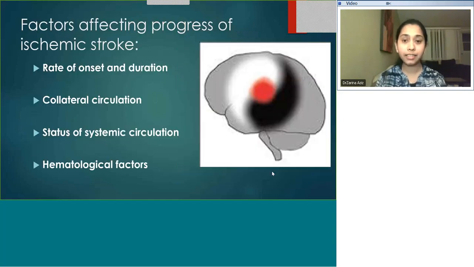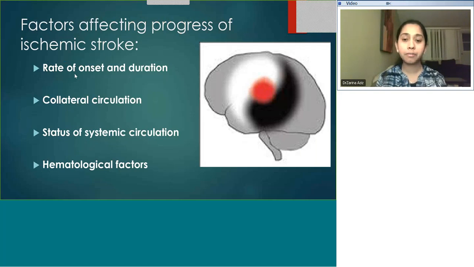So what are the factors which affect the progress of ischemic stroke? One is the rate of onset and the duration of the occlusion. The rate of onset, if it is a sudden occlusion, obviously it will affect the most, because the vessel is not prepared for it. Imagine a vessel which was slowly occluding, that is, there is atherosclerosis there, and slowly the vessel starts narrowing.